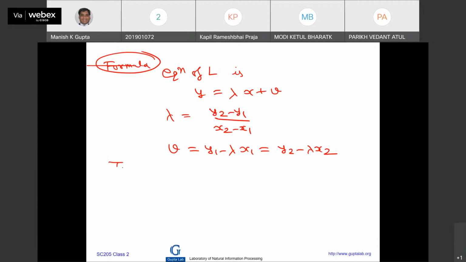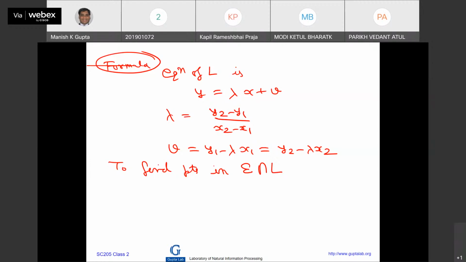Now I have to find points in elliptic curve E intersection L. I need to see the intersection, right? So points on the elliptic curve and the line that we are drawing. That's why I have written E intersection L. What are the points which are common? So we can substitute this value into the equation of the elliptic curve.